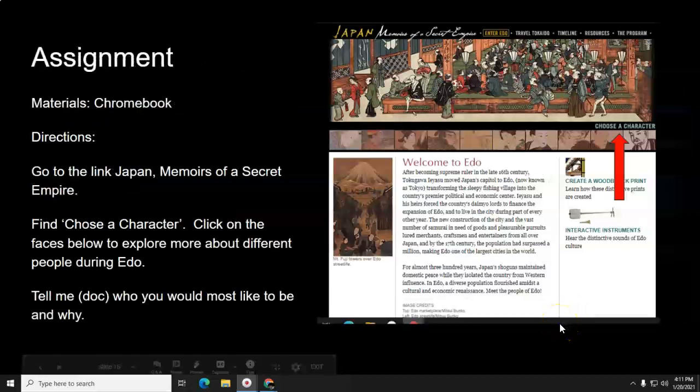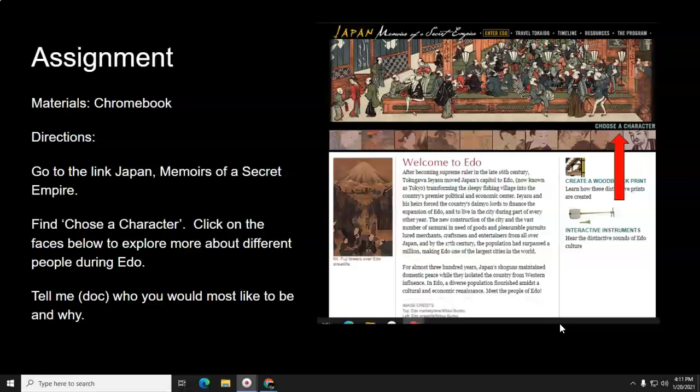So your assignment for today, and you just need your Chromebook for this, I have a link here to a PBS production, Japan's Memoirs of a Secret Empire. And you can feel free to explore the whole entire thing, but I just want you to do this part.